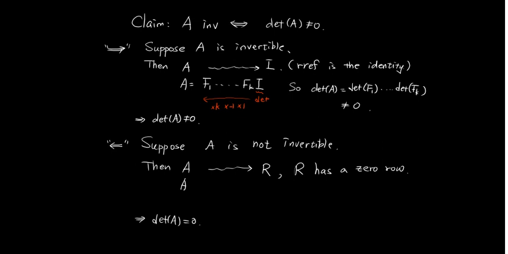And again, A can be written as a lot of reversed actions applied to R. This means the determinant of A is basically starting with the determinant of R and doing a lot of actions.